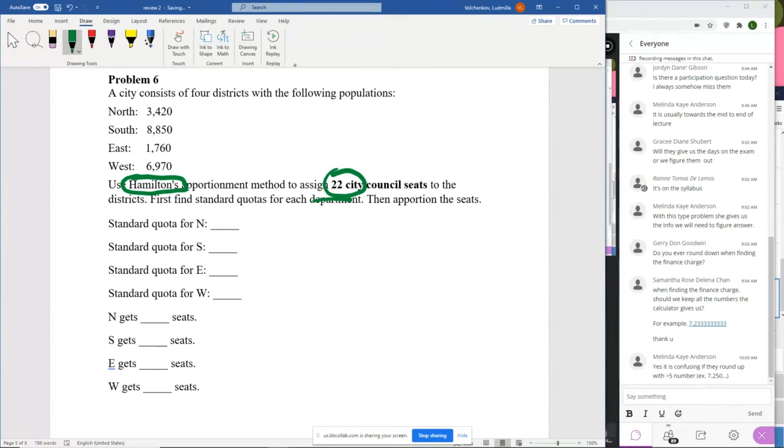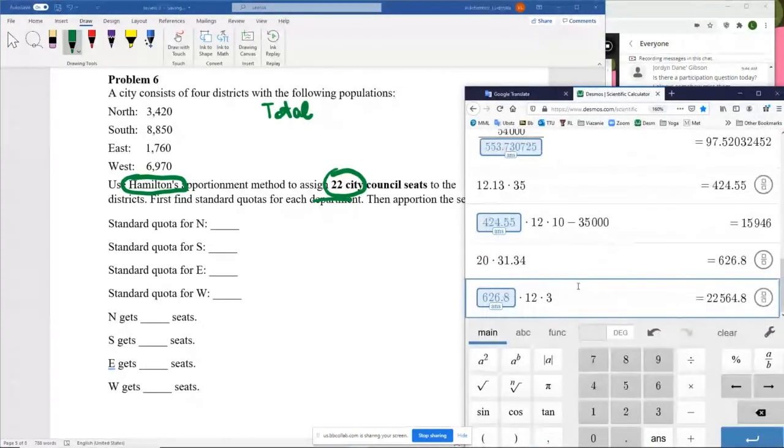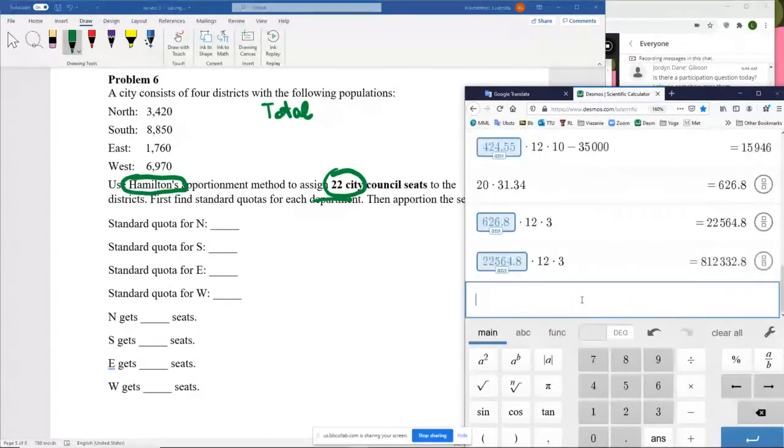When we use the Hamilton method, the first thing we do is find the total population and the percentage. Either you find the percentage of every district, or you find the standard divisor. Maybe it is shorter with the standard divisor.